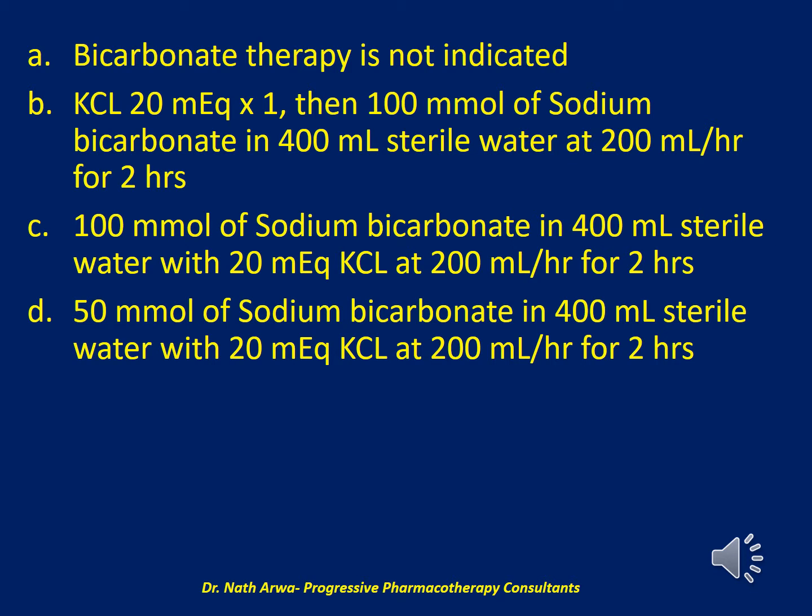Or would it be D. 50 mmol of sodium bicarbonate in 400 ml sterile water with 20 milliequivalents potassium chloride at 200 ml per hour for 2 hours? I will give you 10 seconds to choose the correct answer to this question from the listed options.